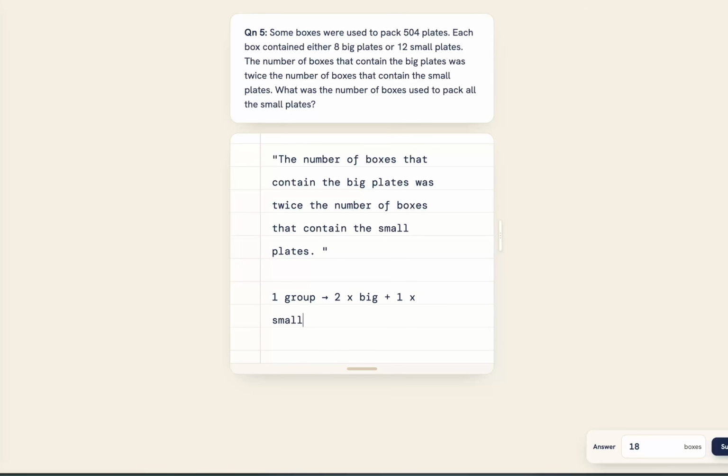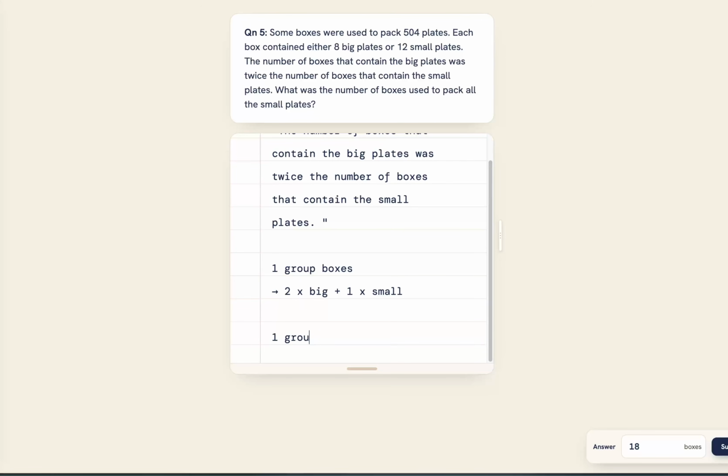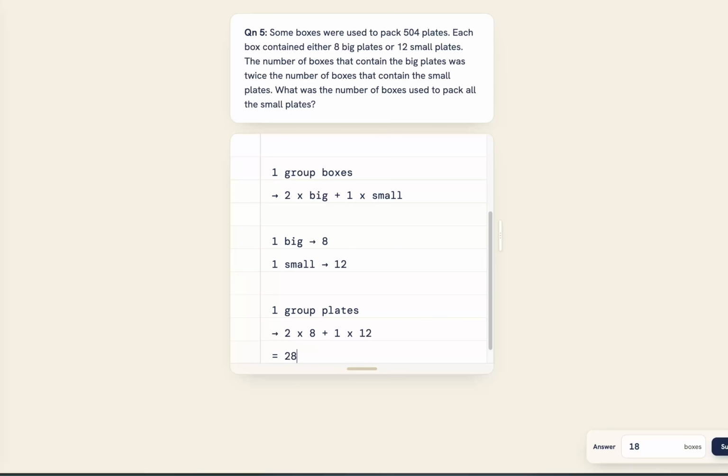We can calculate the number of plates. One group of plates is equal to 2 times 8, since one big box has 8 plates, plus 1 times the small one, which is 12. This will give us 28 plates.